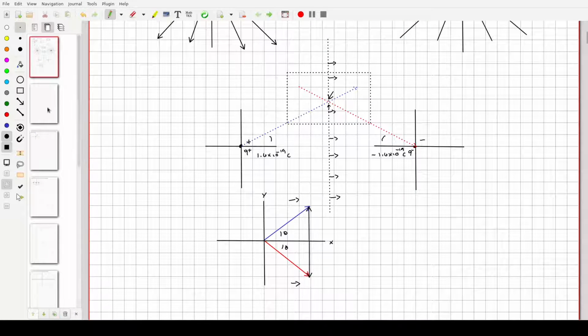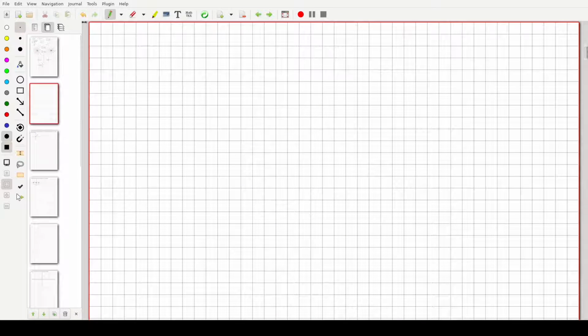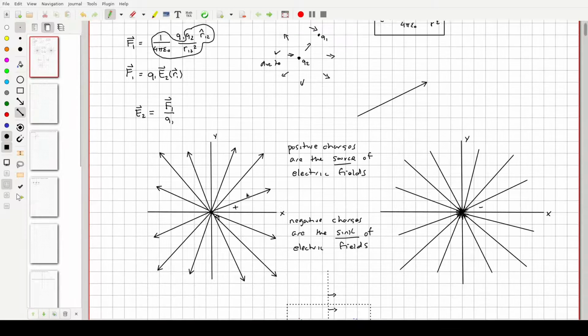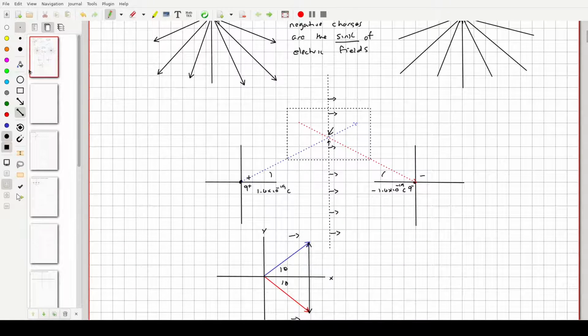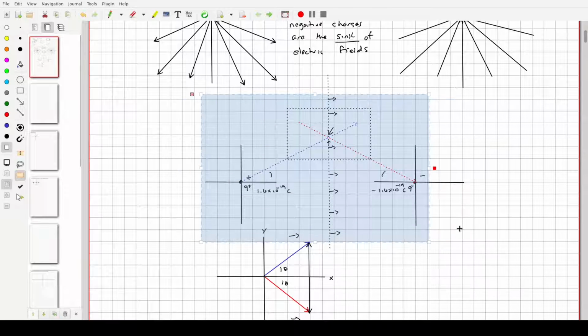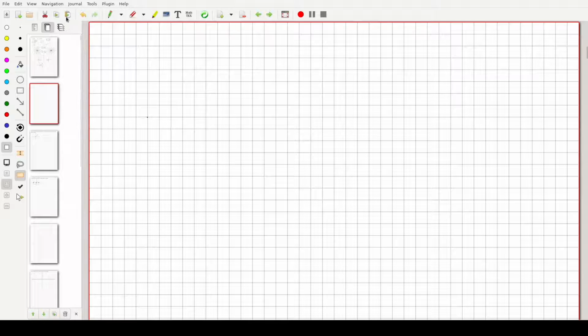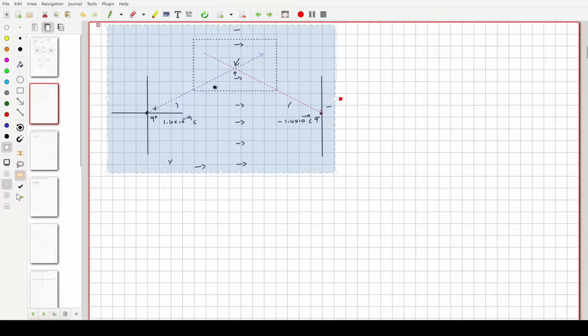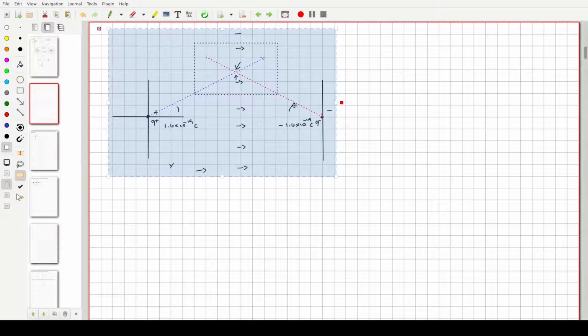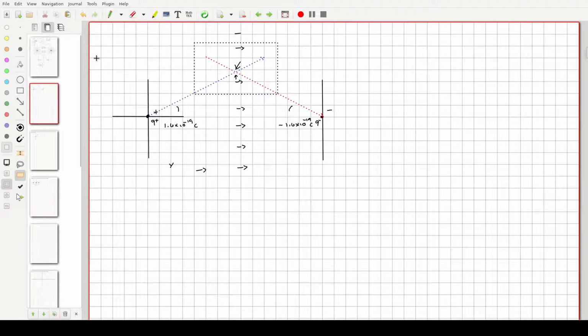Actually, just to save some time, let me go back over here and snag my charges. A little copy, a little pasting action right here. Now let me erase this just a little bit.